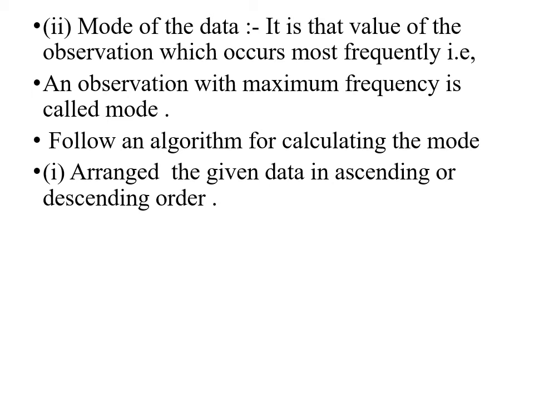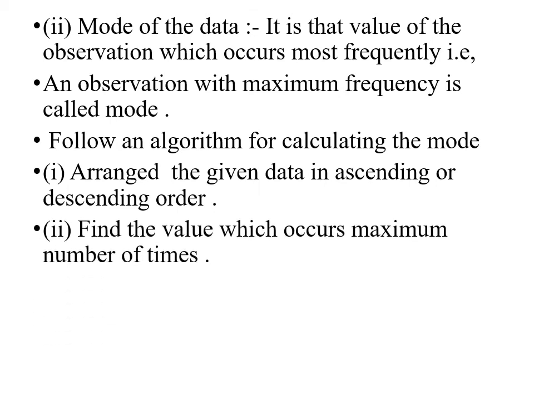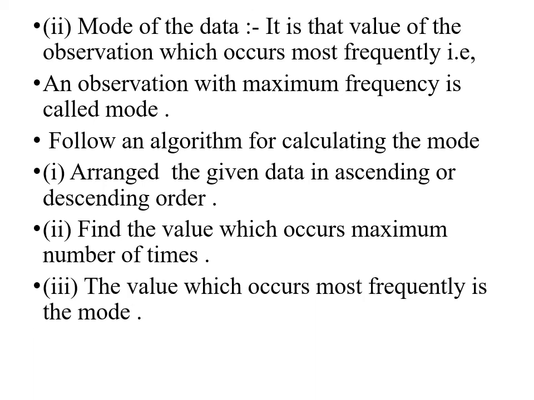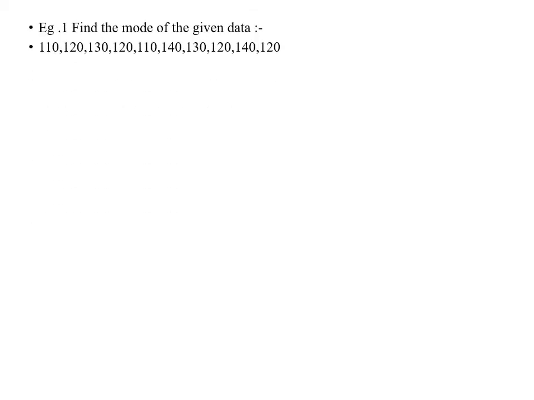First, again as in case of median, here also we have to arrange the data in ascending or descending order, and then by mere observation we will find out the value which occurs maximum number of times, and the value which occurs most frequently is called the mode. So here is the example. We have to find out the mode of the given data.